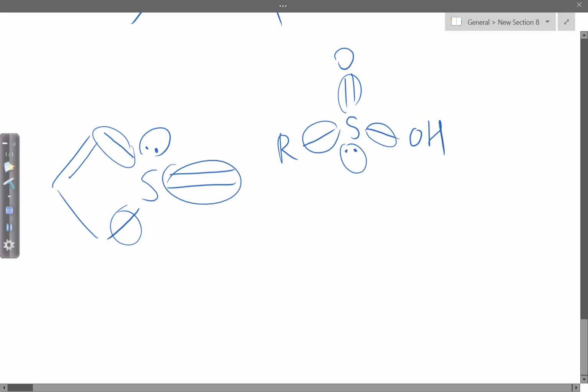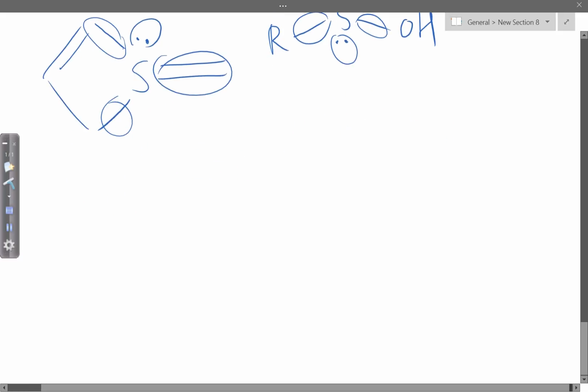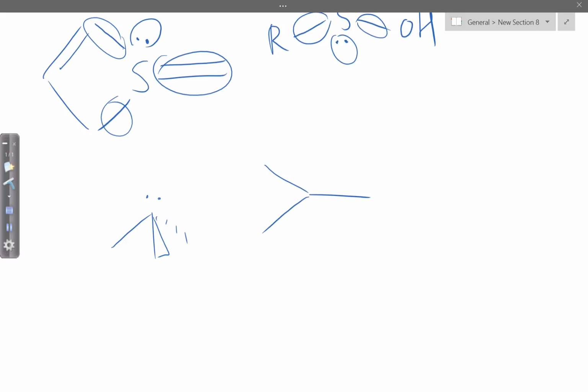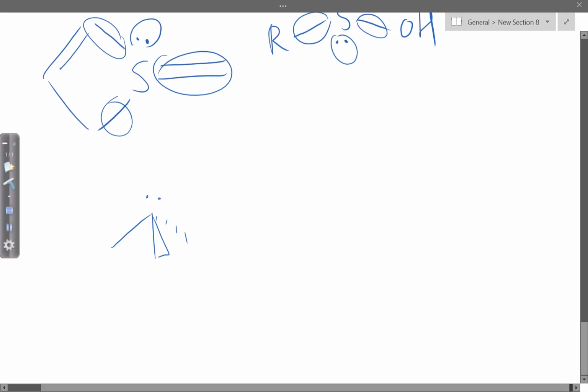So when there are 4 different groups, what shape will it adopt? You adopt the trigonal pyramidal. And you know for sp2 it is planar. So this is not sp2. So in fact you only have 1, 2, 3, 4, 5. So traps are everywhere. Take note. So the answer for this is C.